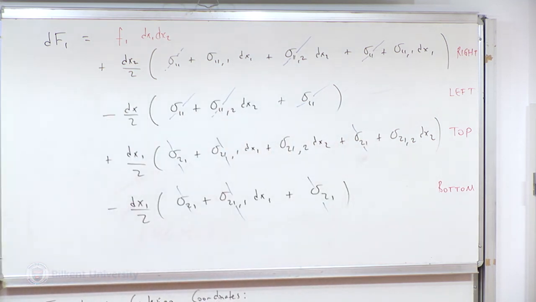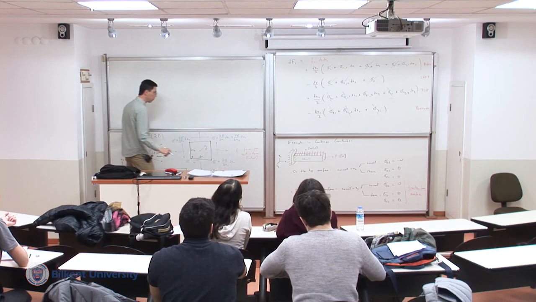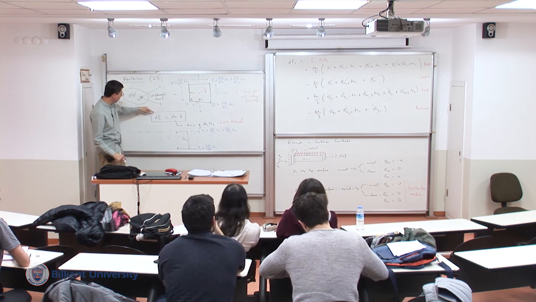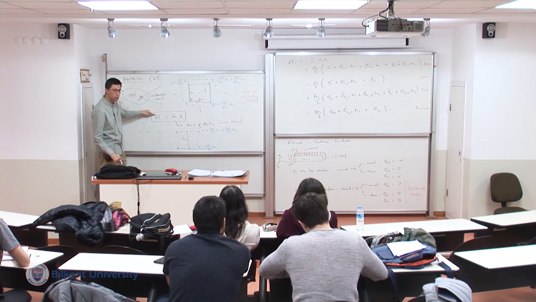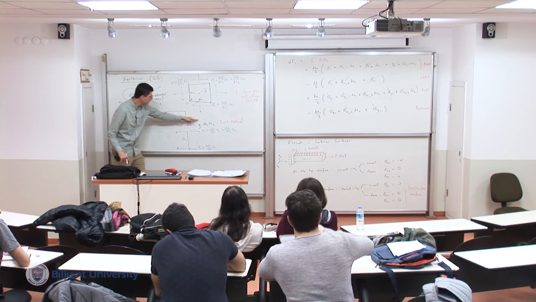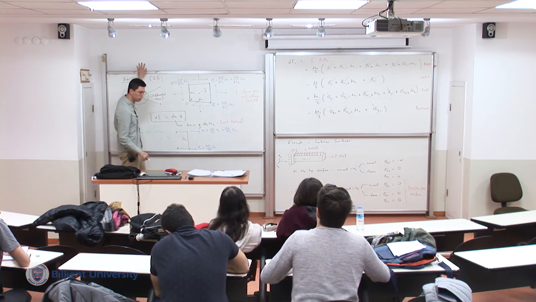So now I'm just writing the result on the left. Okay, and what I'm doing is I'm going back to this equation. I'm writing, eventually dF1 equals dm, which is that, u double dot in the one direction.